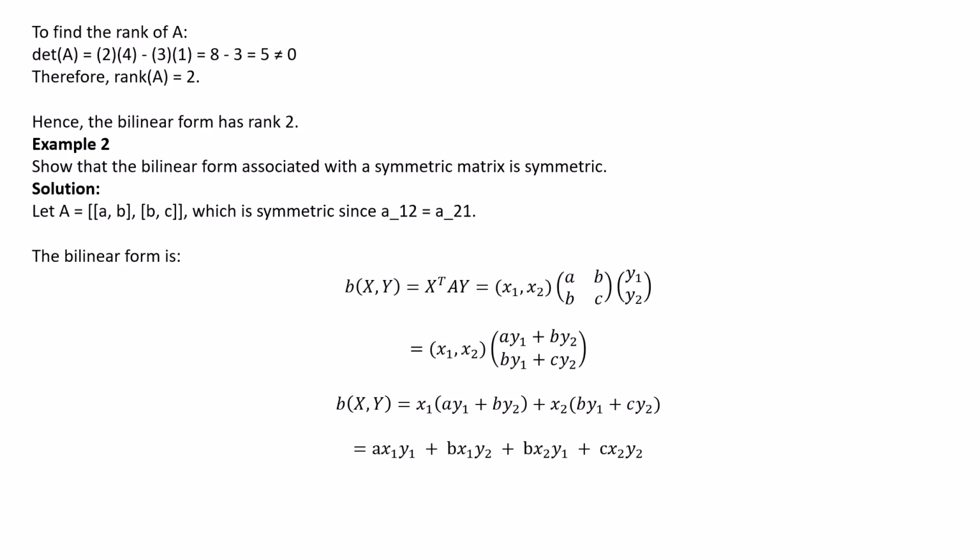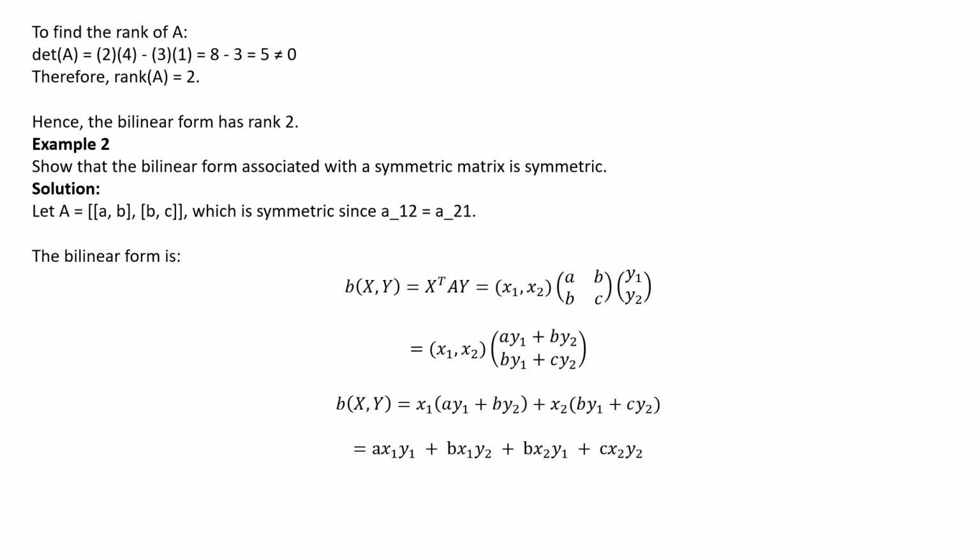Remember the definition of a symmetric matrix. So let A be the matrix with rows A, B, then B, C. This is a symmetric matrix. You can see that if you transpose it, you will still have the matrix A back. That is the meaning of symmetric, since your A12 is equal to A21.